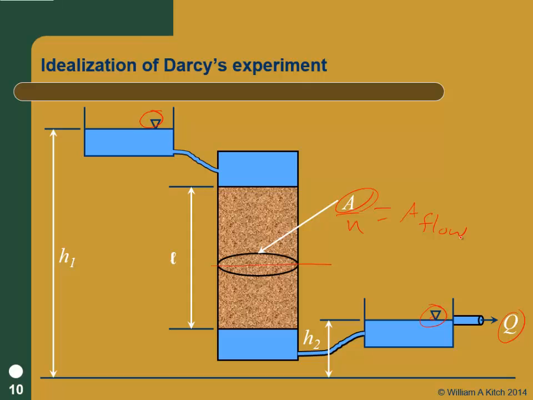So if I've got Q over A, water flowing through there over any period of time, but it's only flowing through some area that's less than the total cross-sectional area, the water itself has to be traveling faster than that to get from the top to the bottom in the same amount of time. So that speed that the water is actually traveling through the system is the seepage velocity, Vs.